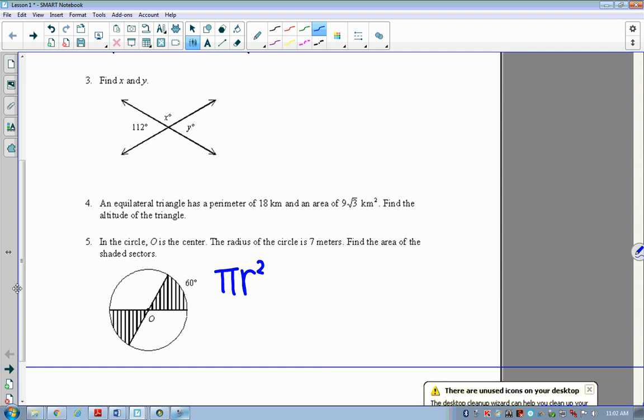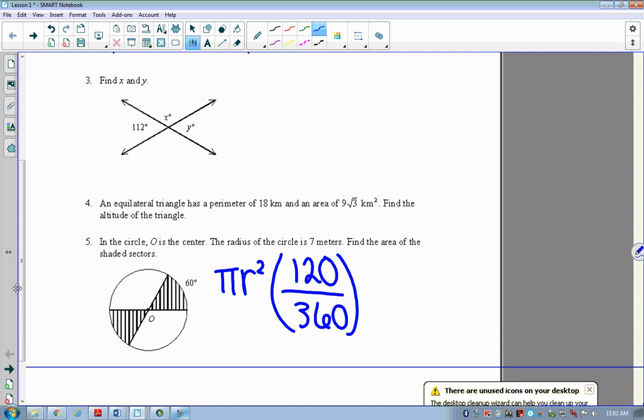Now, but we don't want the area of the whole circle, right? We want a fraction of it. So we're going to multiply it by a fraction. What we're going to put on top is the number of degrees of the total shaded sector. But we have 2 of them, so we're going to get 120 over the whole circle, which is how many degrees? 360.